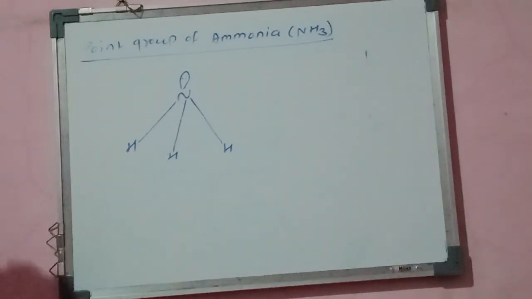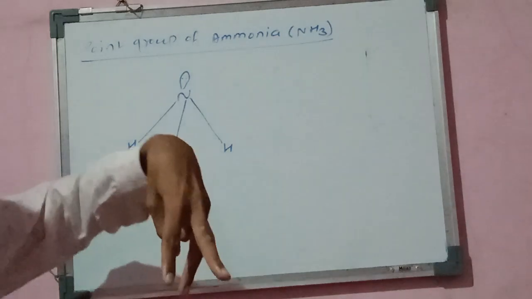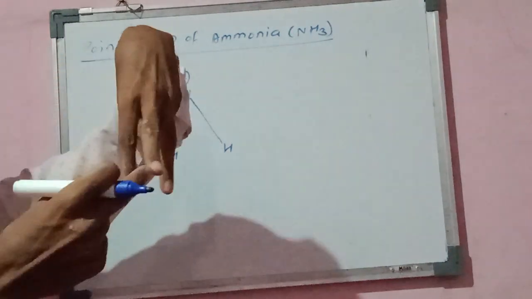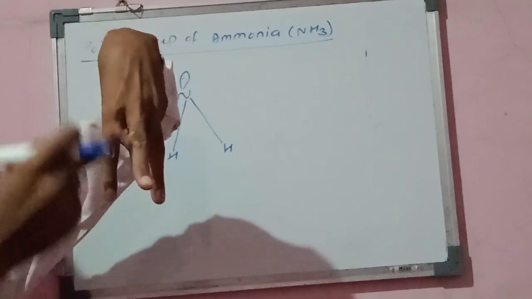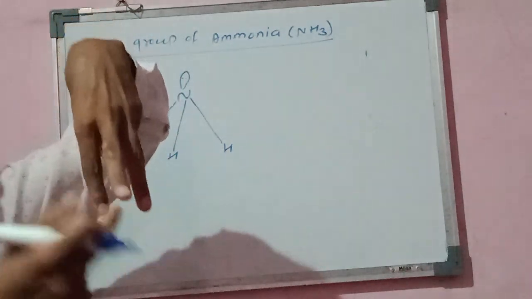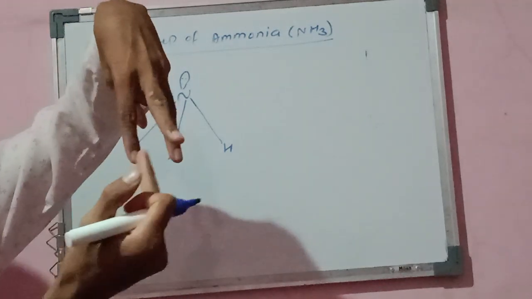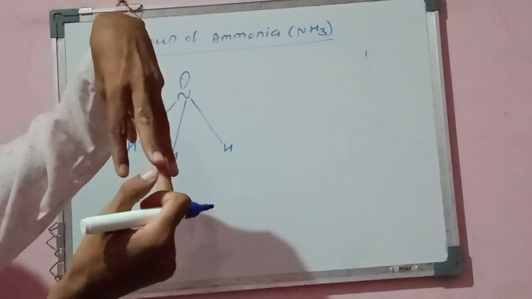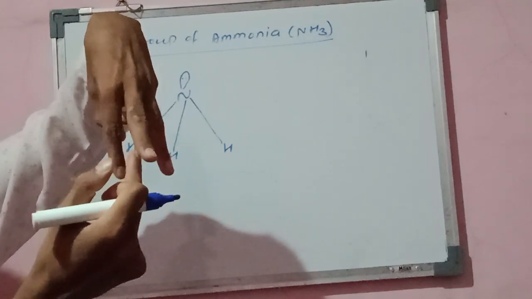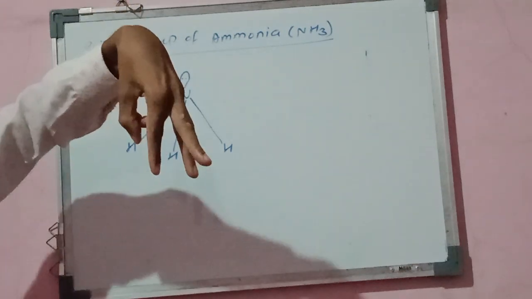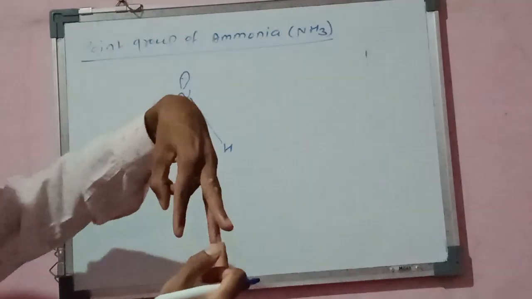Somewhat pyramidal structure means here the central atom nitrogen has three hydrogen atoms. That is an NH bond, NH bond, and NH bond, and here this angle is 120. This is also 120, and this angle is also 120 degrees.